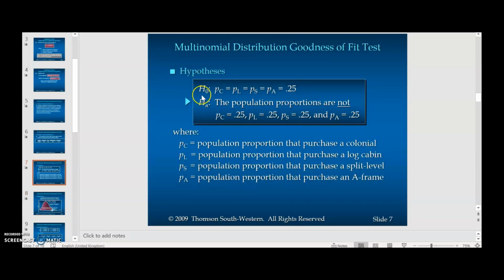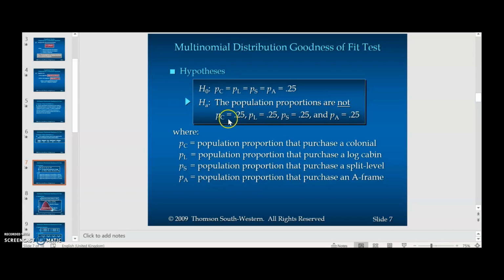The null hypothesis states that the population proportion for the colonial equal to the log cabin equal to the split level and equal to the A-frame equal to 25% each, because we have 4 categories. 100% divided by 4 categories, we have 25% for each category. The alternative hypothesis states that the population proportions are not equal to 25% each.